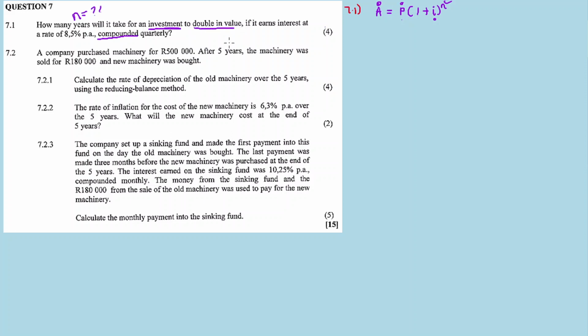So la ku P, I can just leave P as anjalo, right? The present value is P, but the accumulated amount or the future value is equal to 2P because the present value doubles over time.